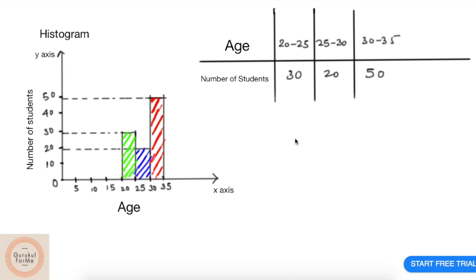So, in a class, if there are total 100 students, but the age group of 30 students is between 20 to 25 years, 20 students between 25 to 30 years, and 30 to 35 years, there are 50 students.